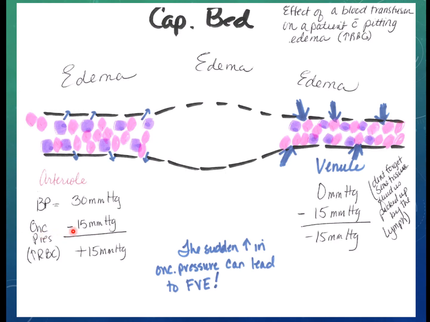So I upped it to -15. So basically what happens is now we have less fluid going out on this end, which is a good thing because we're already edematous. We don't want a bunch of fluid going out of there right now. But what happens is that on the venous side, we've got a -15 coming back in.